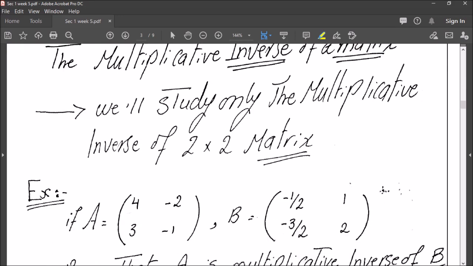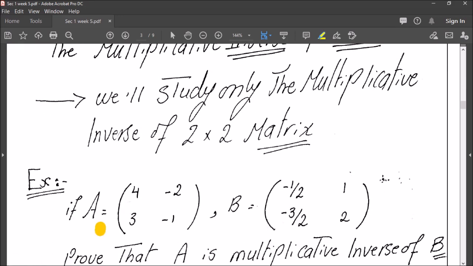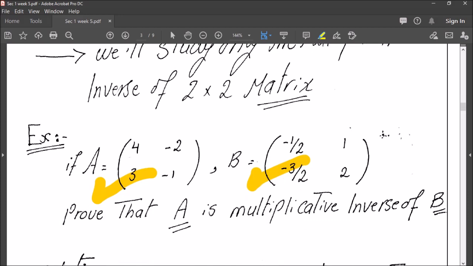Example: if A is this matrix and B is this matrix, prove that A is the multiplicative inverse of B. Simply, I need to prove that A and B are two multiplicative inverse matrices.